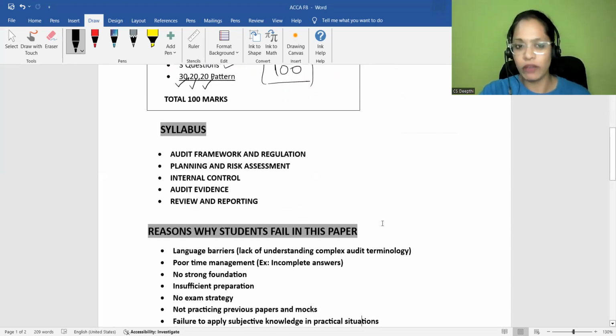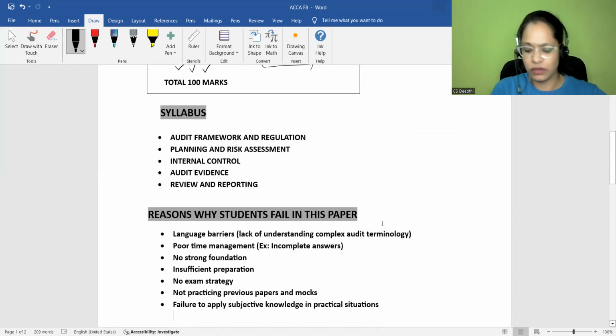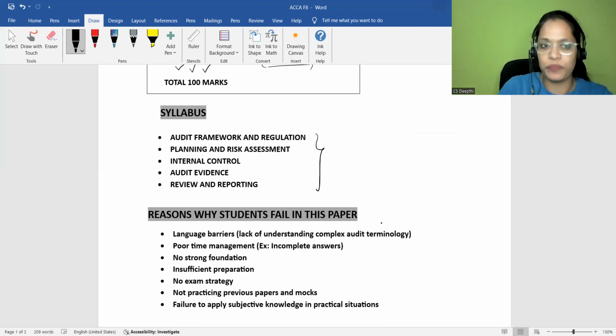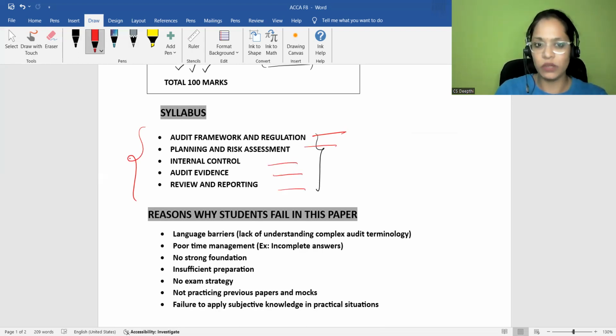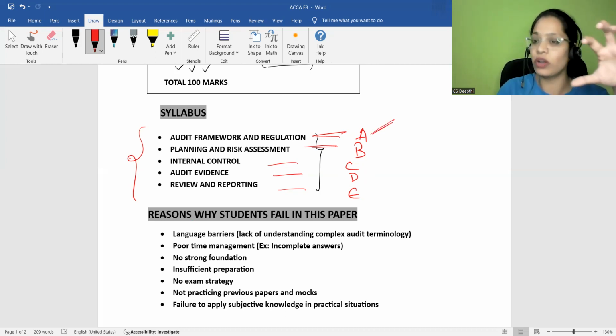After knowing the paper pattern, we have to know the syllabus. Your syllabus is divided into 5 parts, and in these parts we have sub-chapters also. Basically, you can go through the ACCA syllabus format, where they have given all these parts: Part A, B, C, D, E. In every part we have sub-chapters, like introduction, auditors' duties, rights, etc. These are not your chapters, these are your parts.